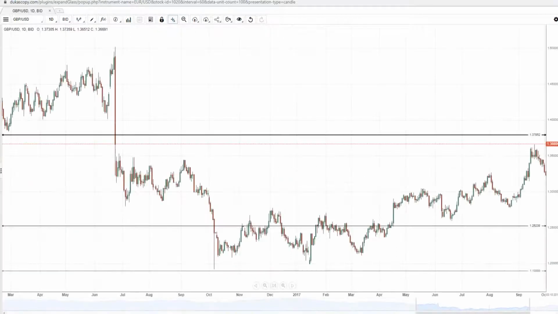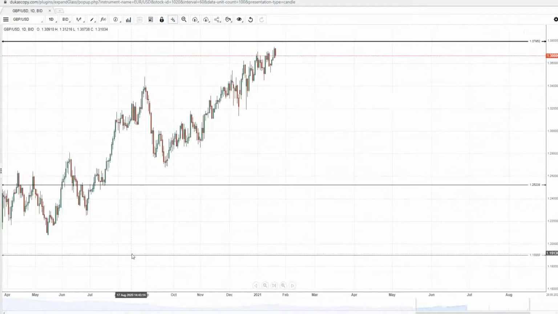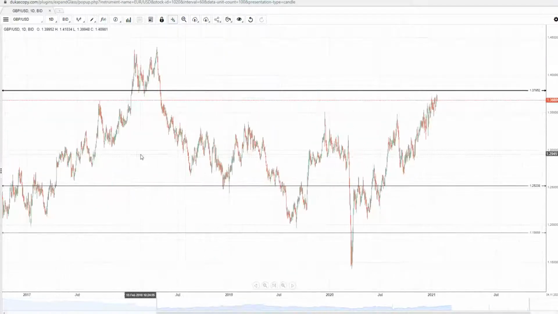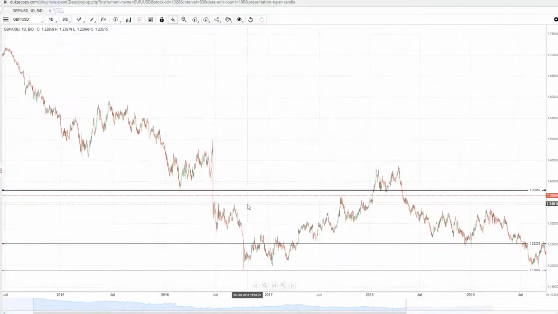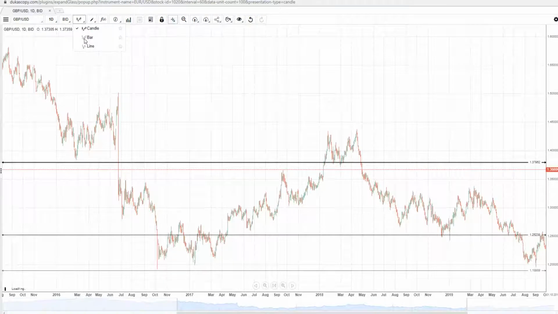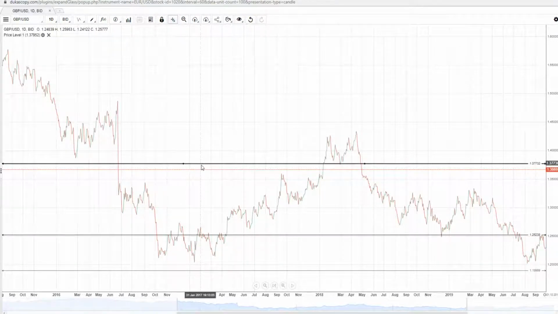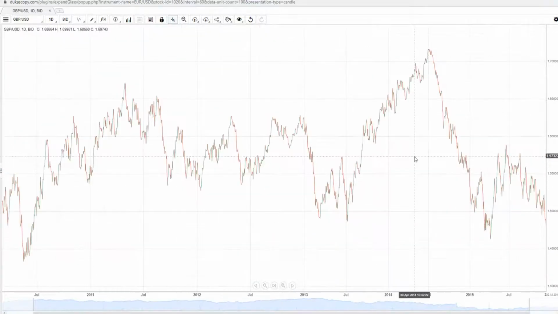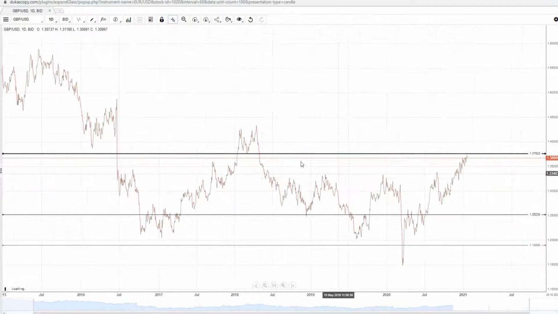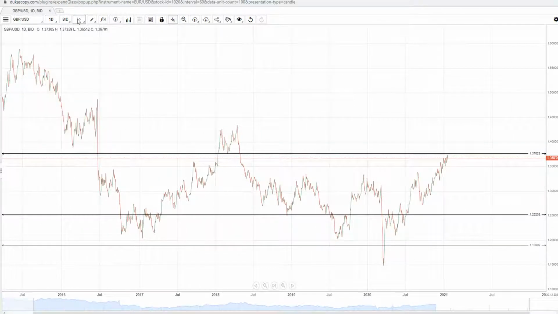It is on the daily time frame. Let's go back to the daily time frame. This is a very strong resistance level for the British pound USD.